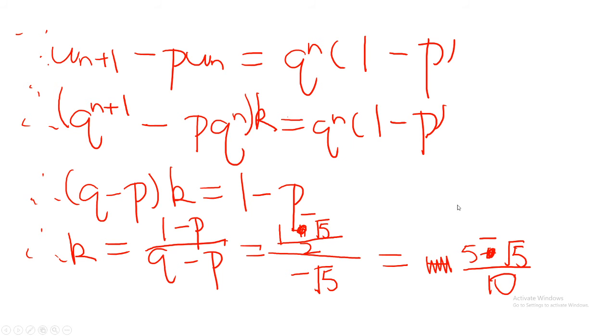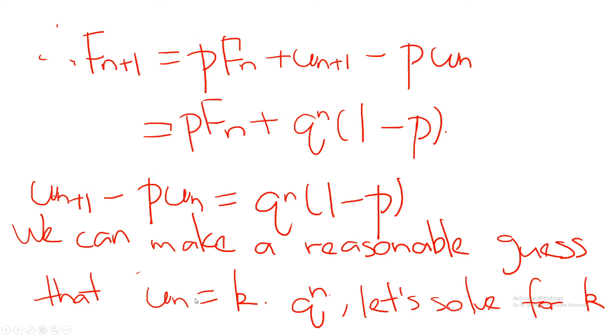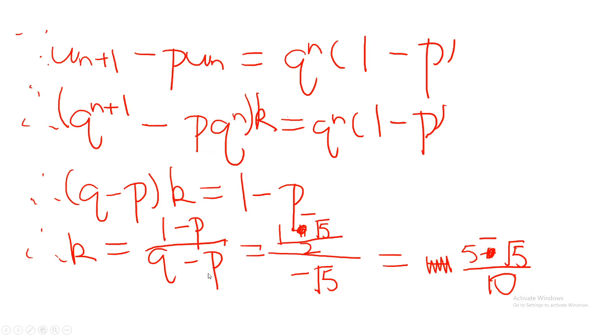We replace the left part with the representation for un. And now let's do a few fancy things. We apply the un and we divide both sides by Q to the nth power.